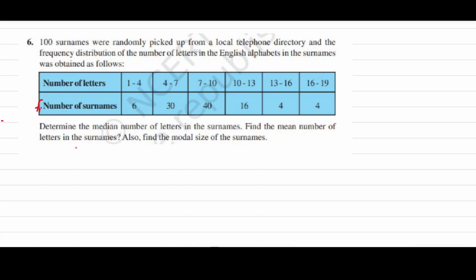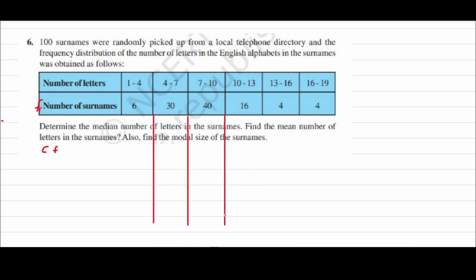Here we will use a shortcut. Number of letters is given, number of surnames is given, then find CF and calculate the value of CF accordingly.